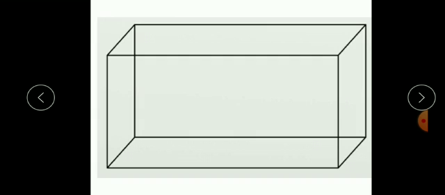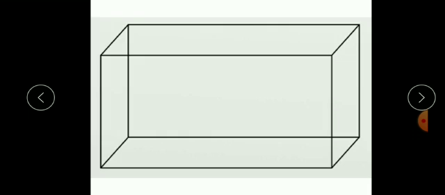Edges means sides. Let's count once again. 1, 2, 3, 4, 5, 6, 7, 8, 9, 10, 11, 12.